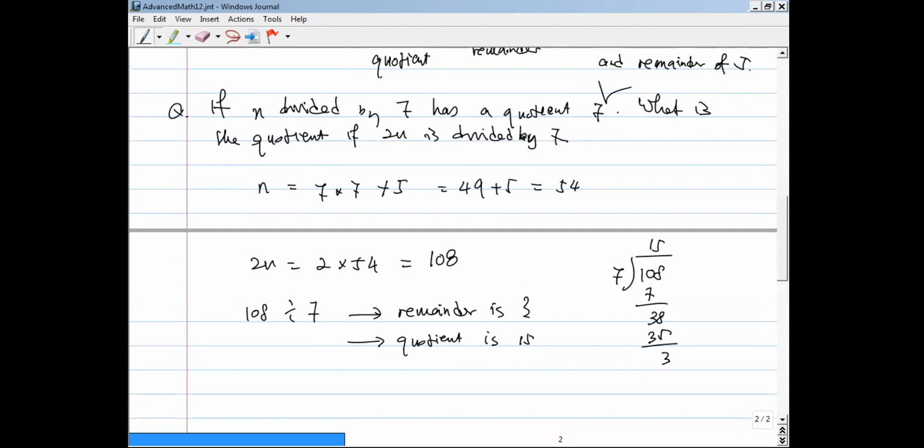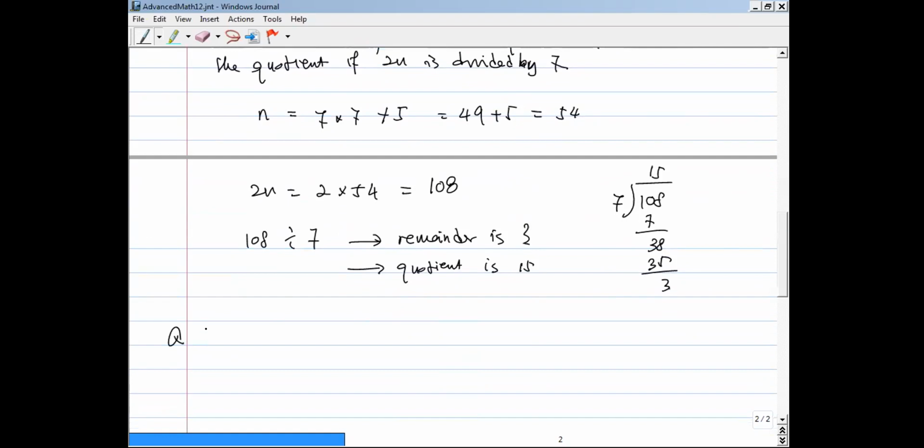What is the least positive integer that has a remainder of 1 when divided by 3, and a remainder of 2 when divided by 4? Okay, so we are going to find the smallest integer.